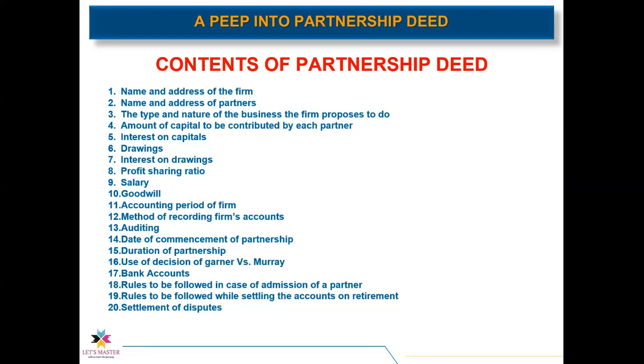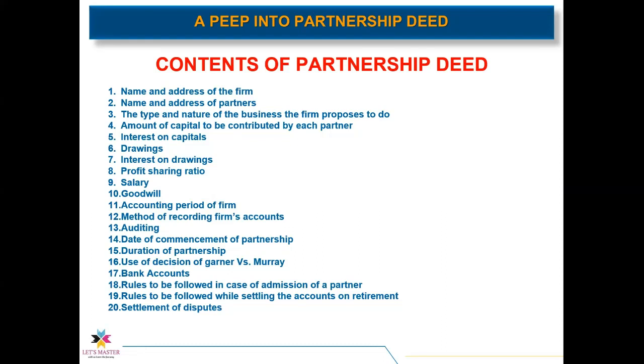So basically, these are the 20 points which any partnership deed would normally contain. But remember, these are simple guidelines. It is not mandatory that a partnership deed should have all these 20 pointers. It may have all of them and some additional things, but these are the suggestions, the pointers that any partnership deed ideally should contain.